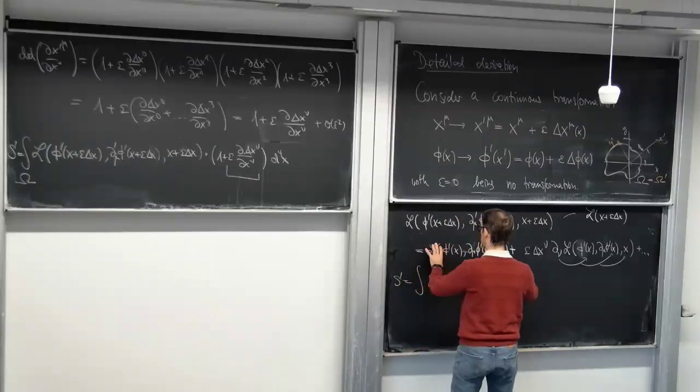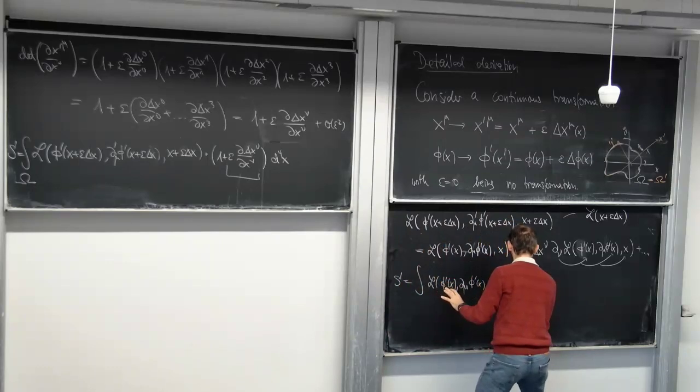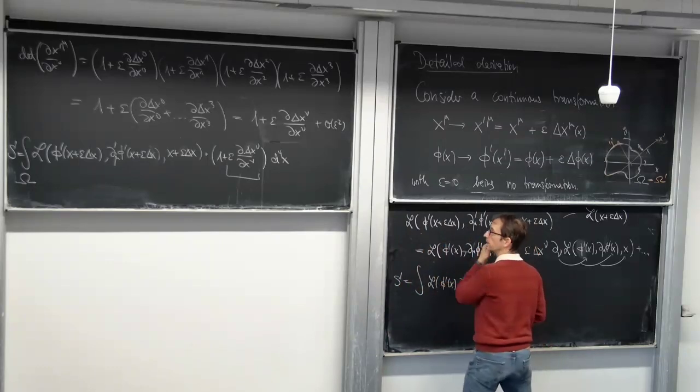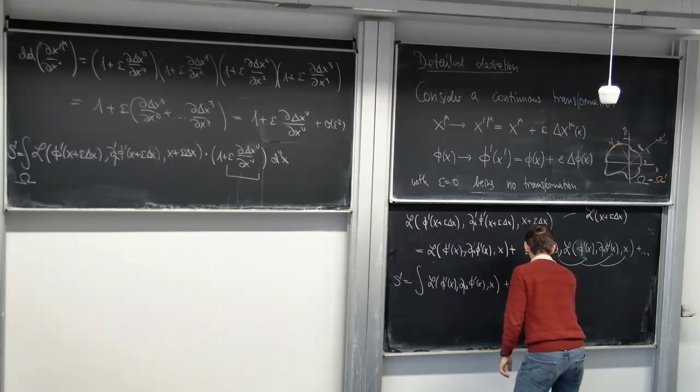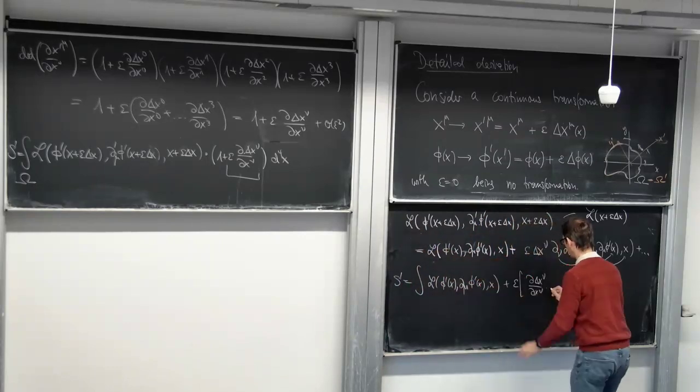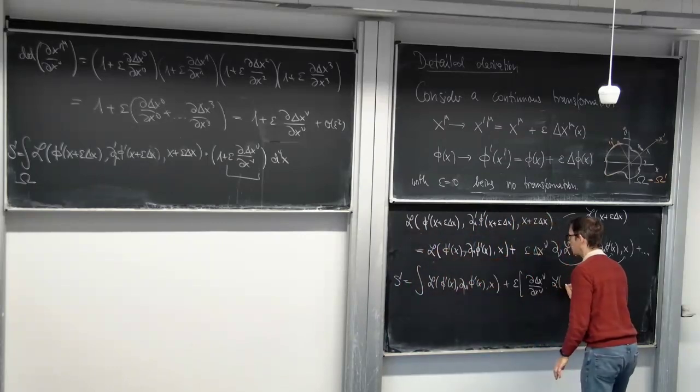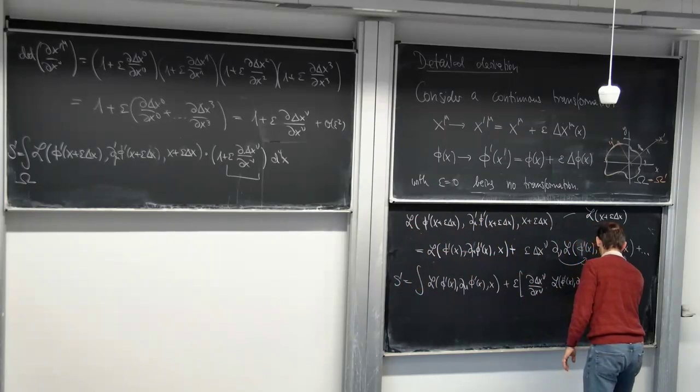Okay, well, then this one times the epsilon plus epsilon d delta x mu dx mu from there times this lowest order, L of phi prime x d mu phi prime x.